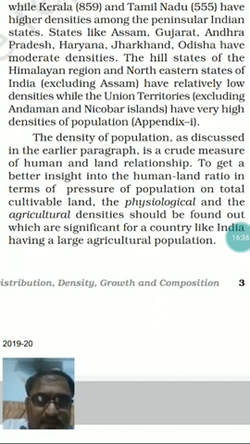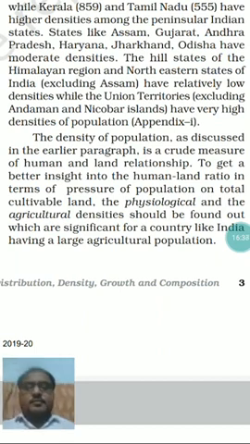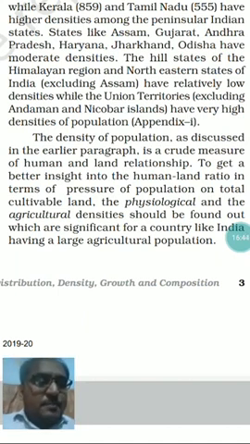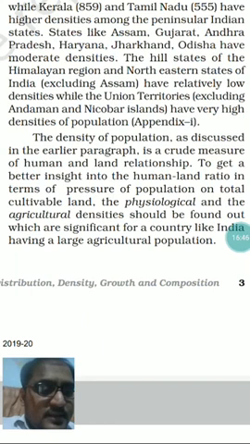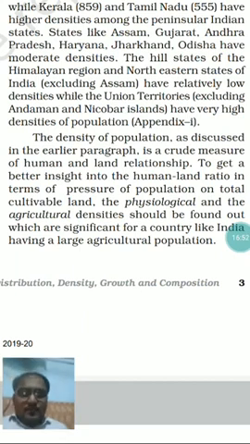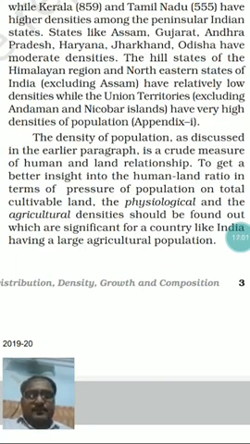So density is a relation between human and the land, population divided by area of a particular place. And for a better understanding of the density and the relation between human and land, here we can look at density in two parts, as physiographical density or agricultural density.